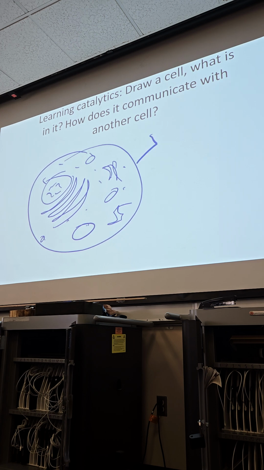So they have a receptor on them. Or if they have an antibody on them, they have something on them that they can receive information. So that is one way to communicate.